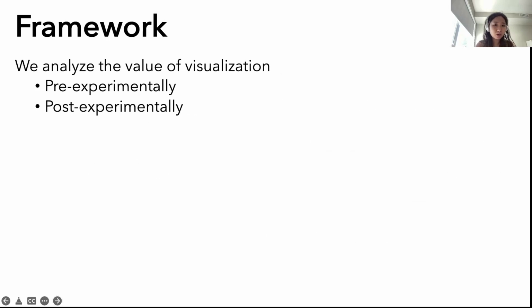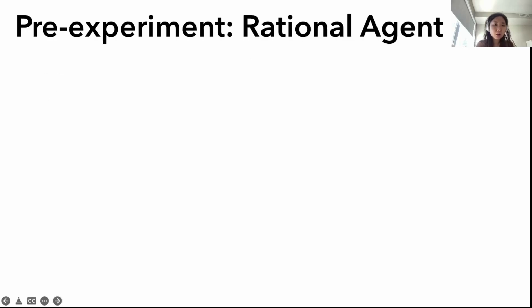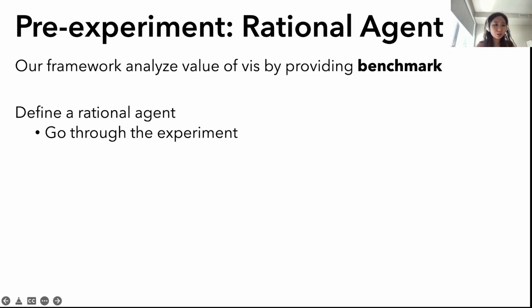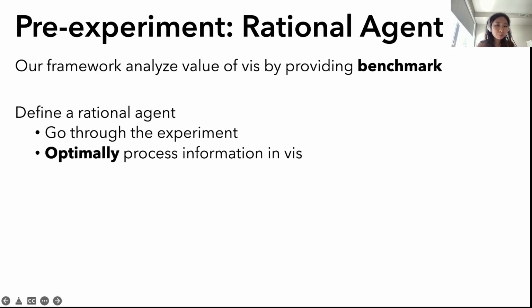Under our framework, we can analyze the value of visualization both pre-experimentally and post-experimentally. First, the pre-experimental part. Pre-experimentally, we set up a rational agent under the decision problem. We provide a benchmark by defining the rational agent's performance. The rational agent goes through the experiment the same as the behavioral agent, but she optimally processes the information in the visualization and makes the best response action.